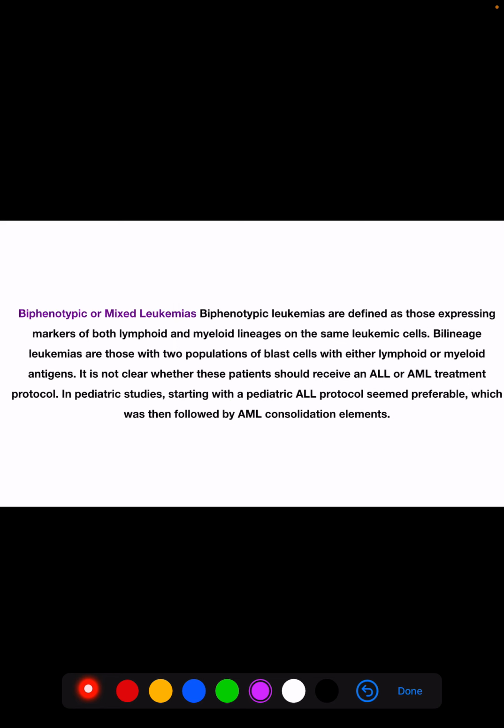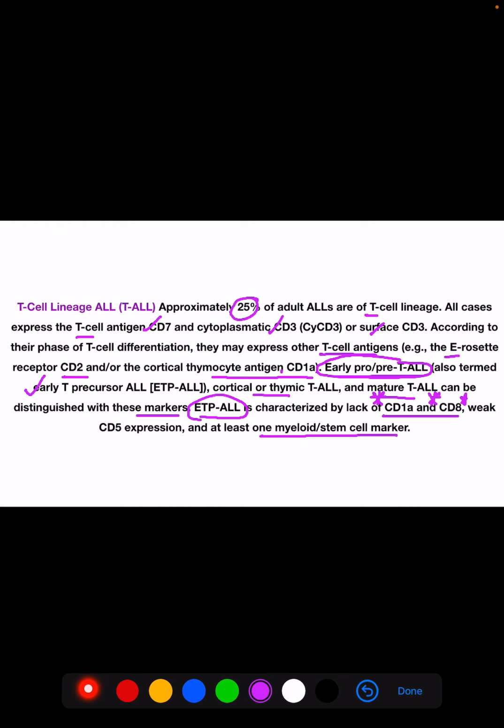Early pro or pre-T ALL is characterized by lack of CD1A and CD8. This you have to remember like this only. This is also termed early T precursor ALL. ETP means early T precursor ALL.